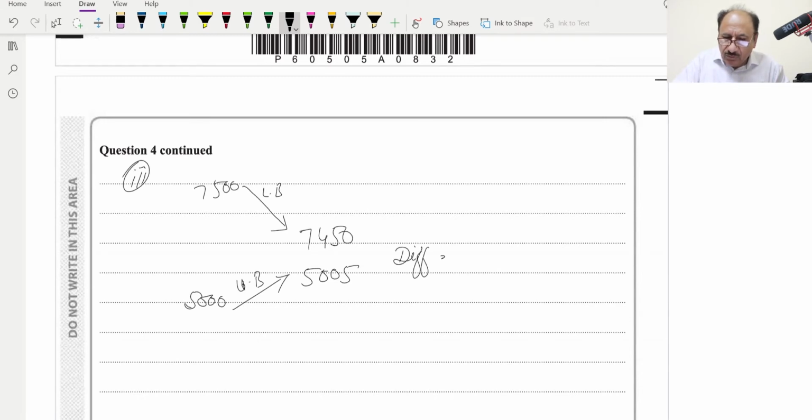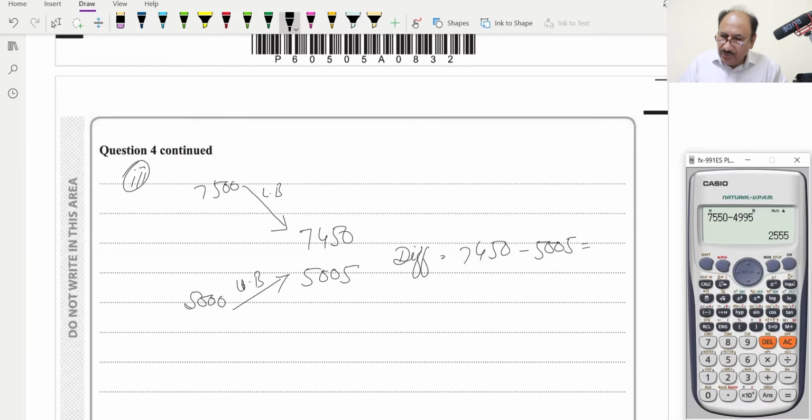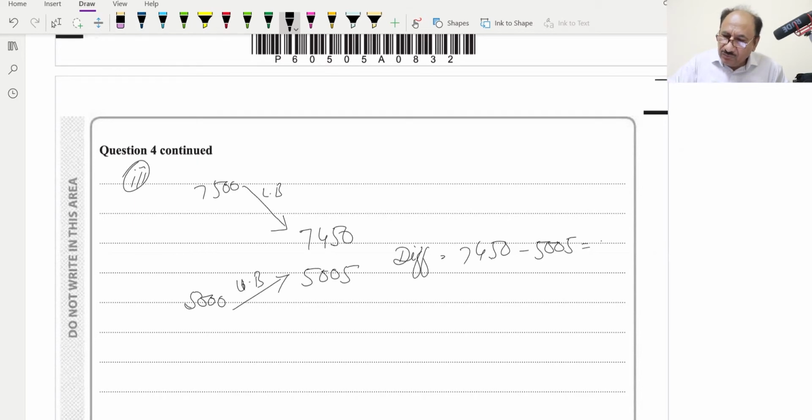Difference will be equal to 7450 minus 5005, which is equal to 2445. So 2445 grams will be the answer.